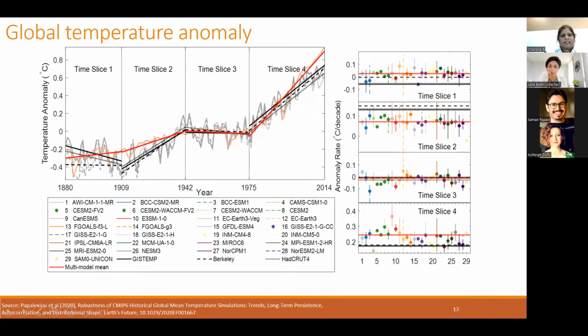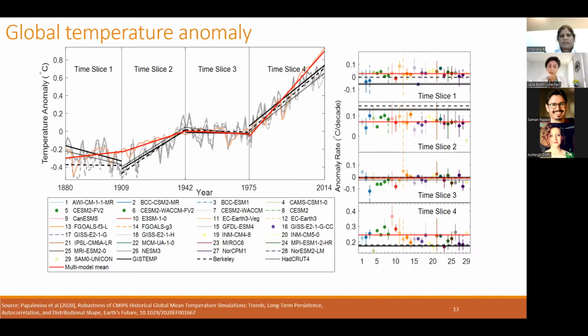In the initial time slice, there is also a difference between the observations. That is because we don't have many observations, so there could be uncertainty in the observations as well in this time period. Time slice 3 seems to have agreement, but you should understand that this is a temperature anomaly, so obviously there is a base period which we have considered to calculate the anomaly. So we will have a natural agreement there.